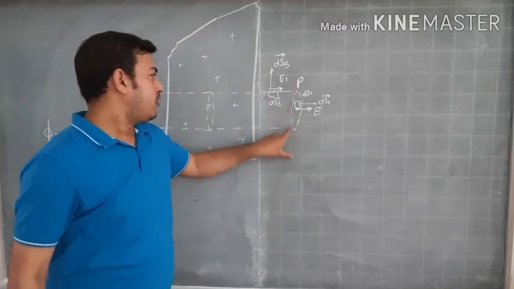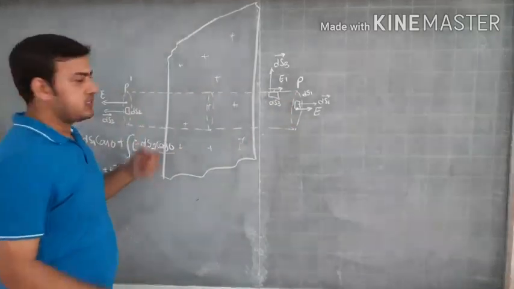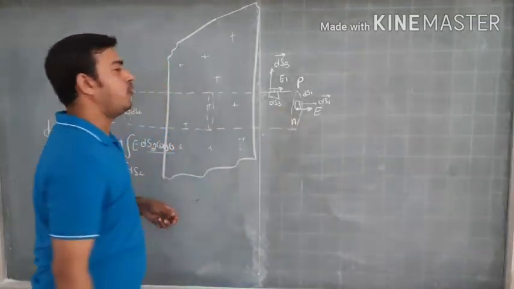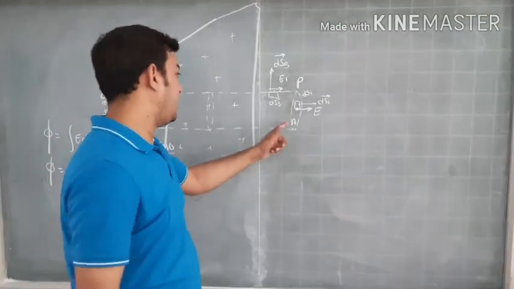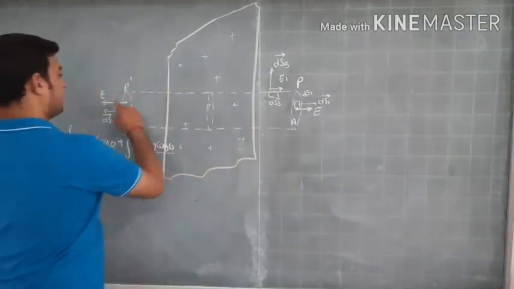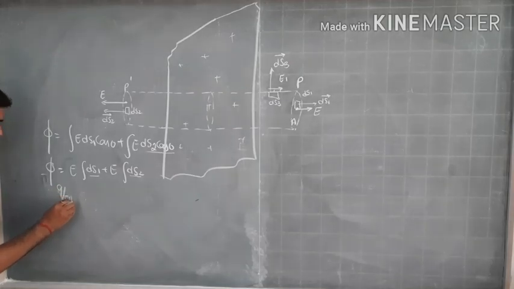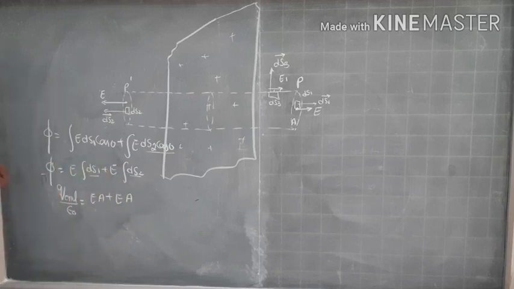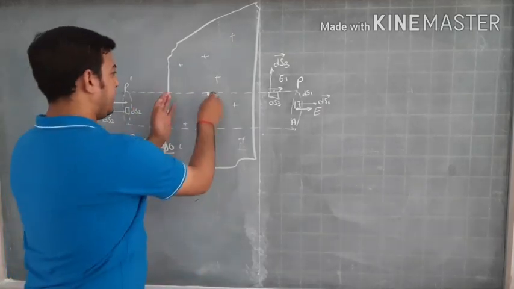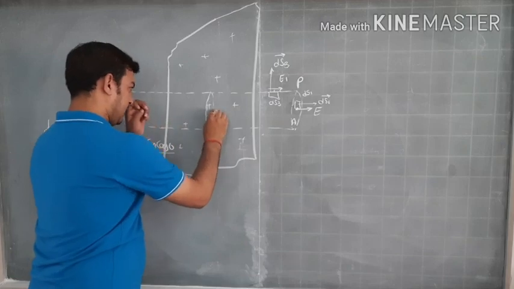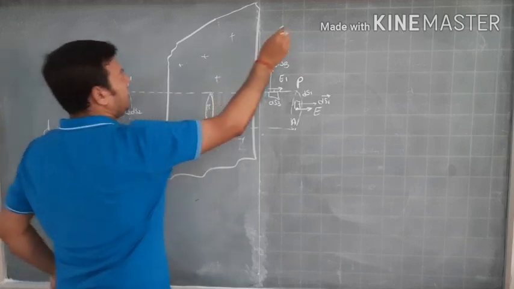The areas of the two circular surfaces are the same; let me take the whole area of a circular portion as A. So this area is A and this will also be A, and from Gauss' theorem we can write the flux as enclosed charge divided by epsilon naught, equal to EA plus EA.